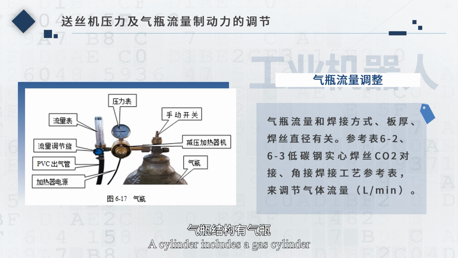A cylinder includes a gas cylinder, decompression heater mechanism, valves for manual operation, pressure gauges, flow meter, flow rate adjustment knob, PVC outlet pipe, and a heater power engine, a total of 8 components.